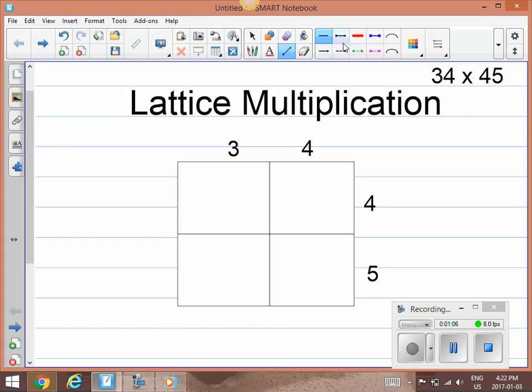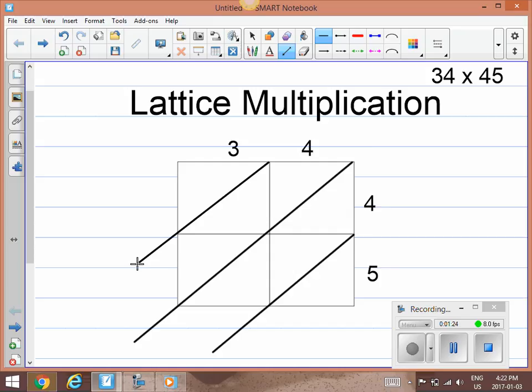So I'm going to take, let's use this one. I am going to add some diagonal lines. What this does is act as a template for my tens column and my ones column.